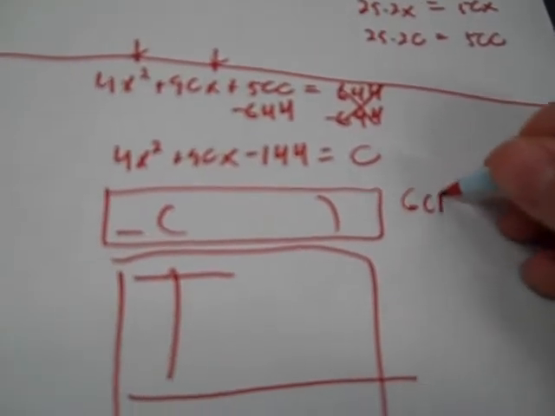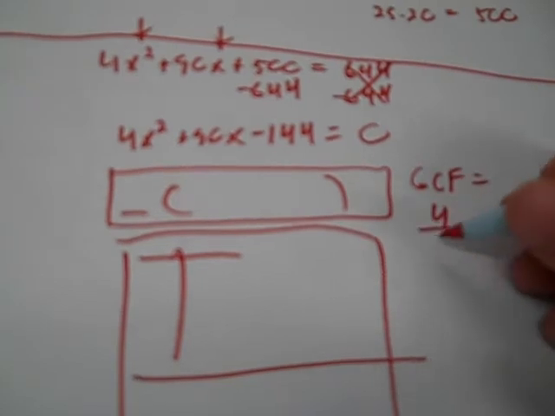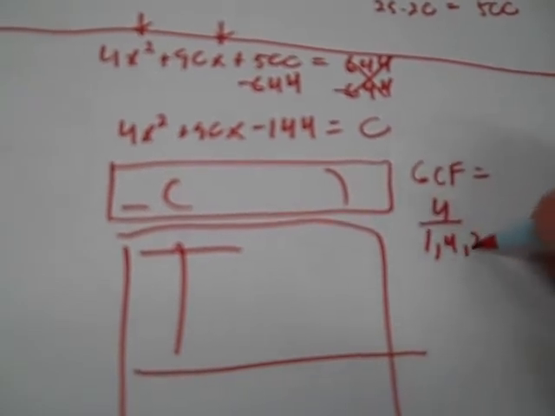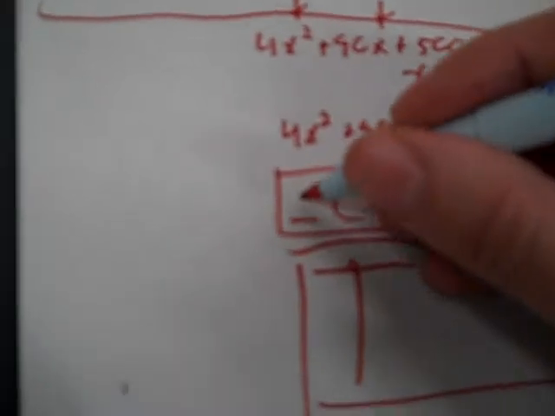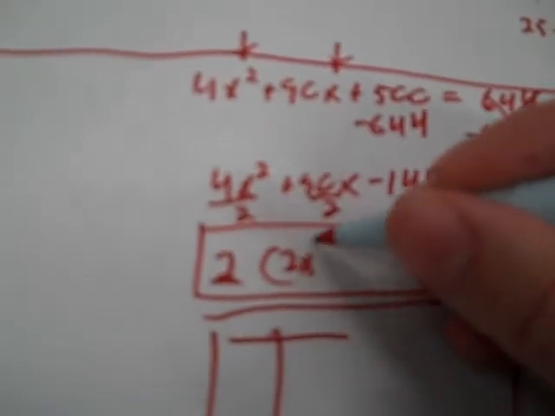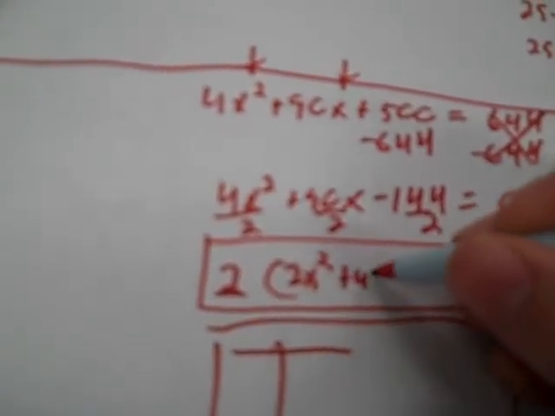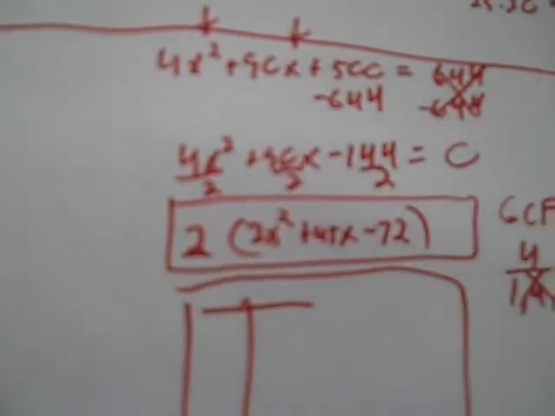For the GCF, you don't have the x on everything, so check out 4, 90, and 144. You cannot divide 90 by 4, but you can divide all these by 2, so 2 pops out of here. That gives me 2x squared plus 45x minus 72.